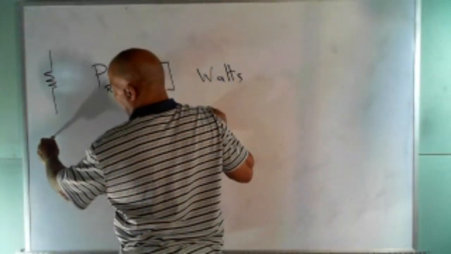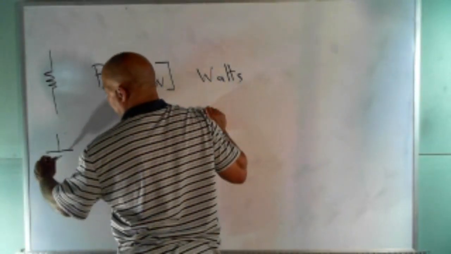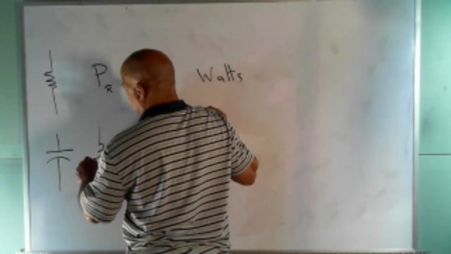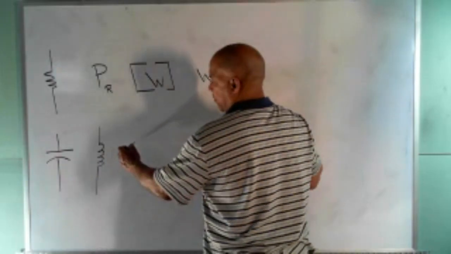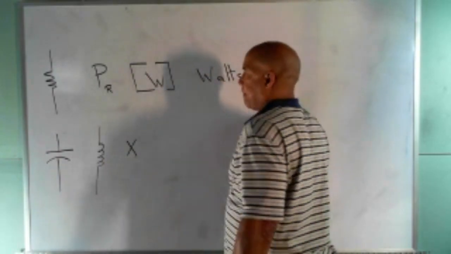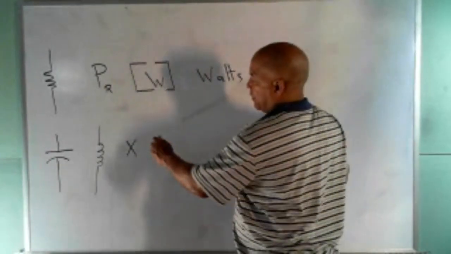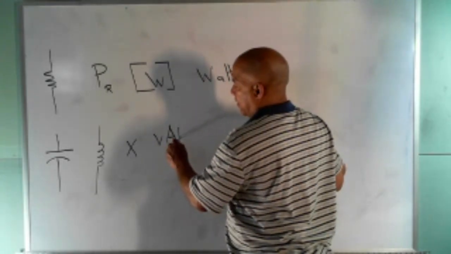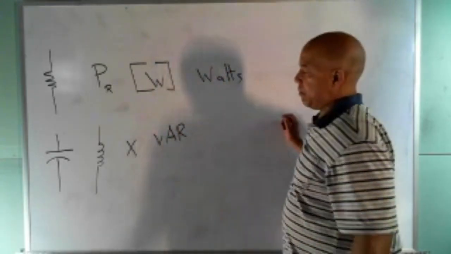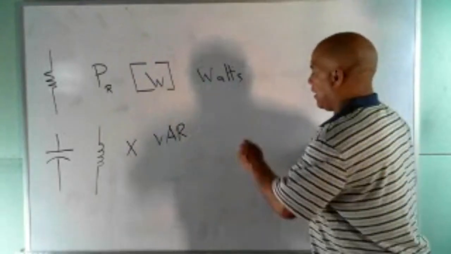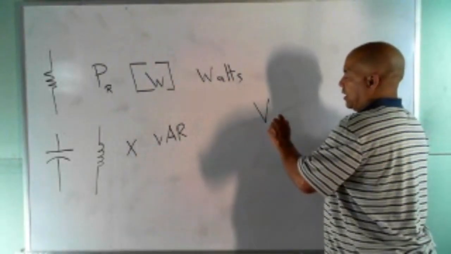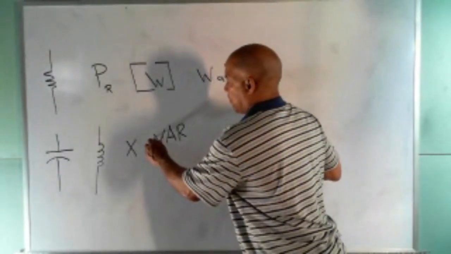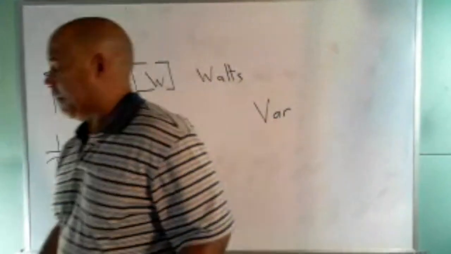If I have either a capacitor or an inductor, I have reactive power. The unit is VAR. Now, I see it with a lowercase v. I don't think I've seen it the other way, but I capitalize all of these. So what is a VAR?